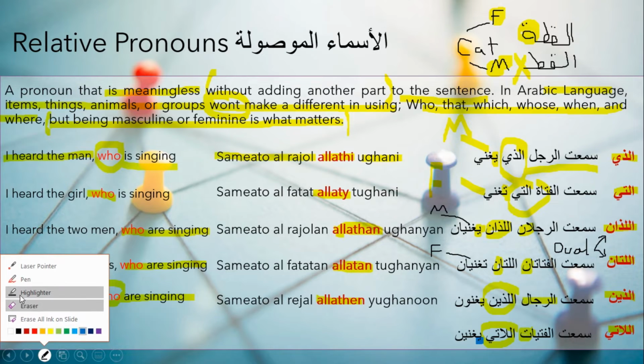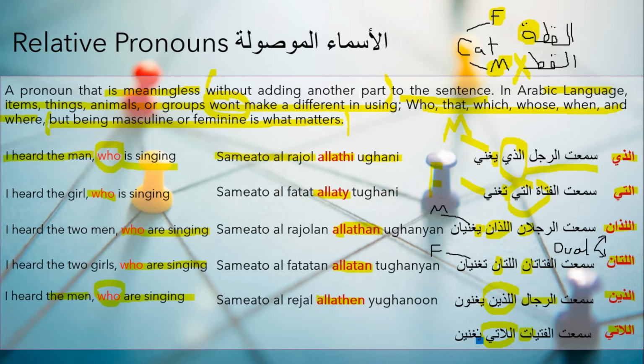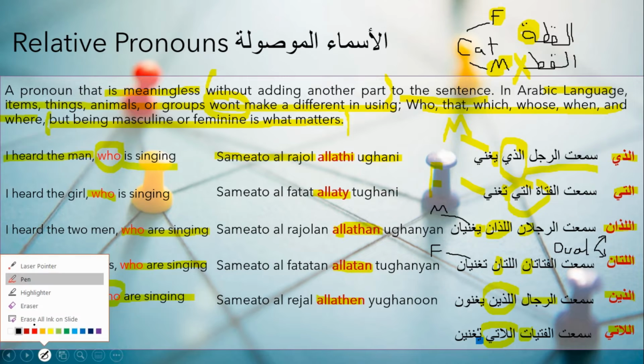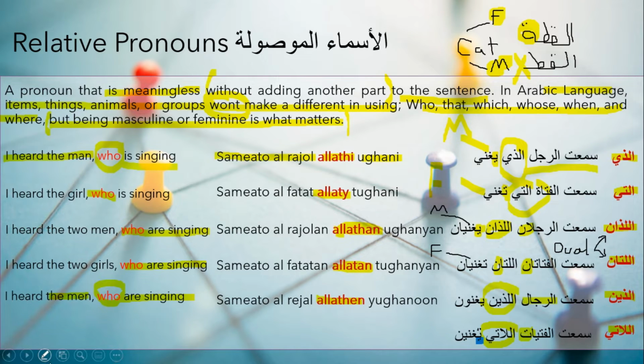So here, the last one, سمعت الفتيات اللاتي تغنين. Again, whenever we write the verb and start it with ya, we understand that we are talking about a masculine.